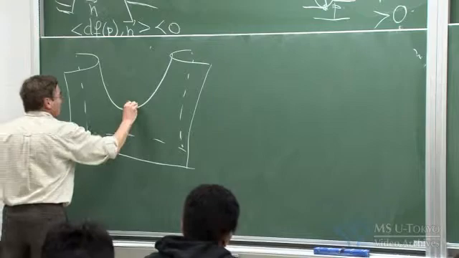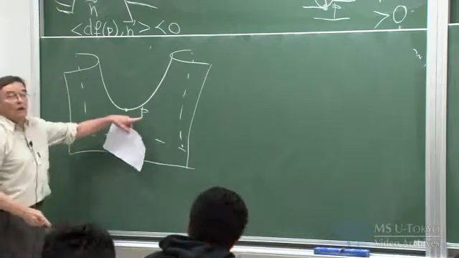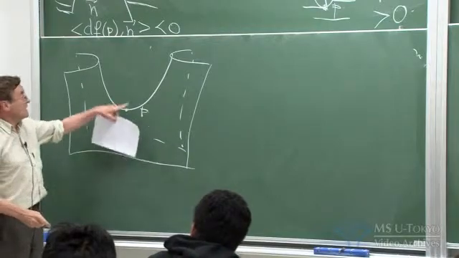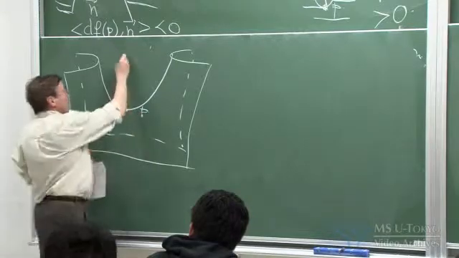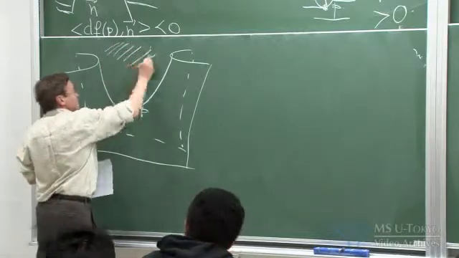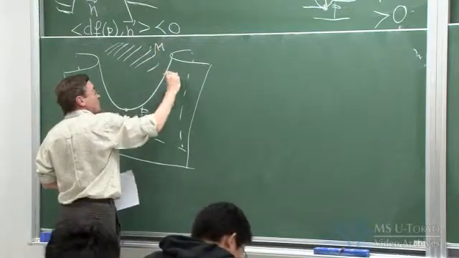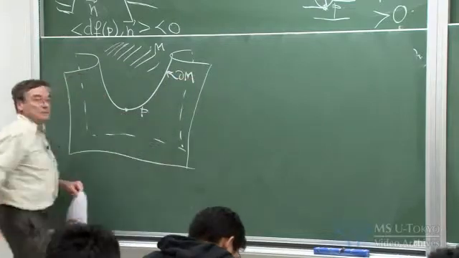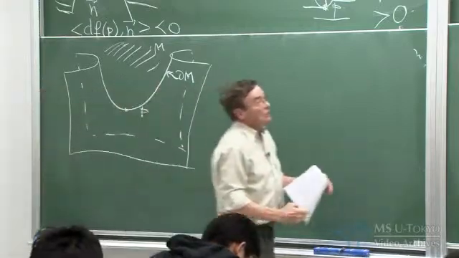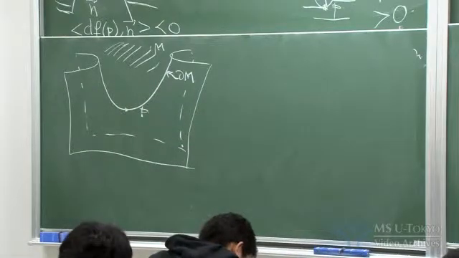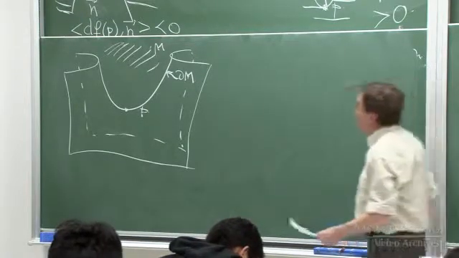Here is a critical point. And it is a critical point of type Neumann. That means the manifold is above the tangent plane at it. The manifold is in this region. Here is M. That is the boundary of M. And there is a Morse model, because you have all these non-degeneracy conditions. There is a Morse model for this picture.